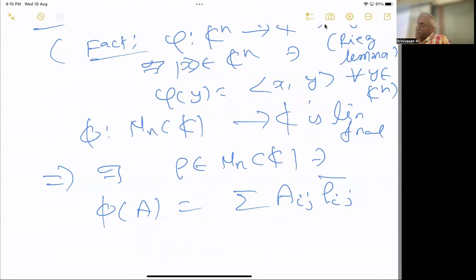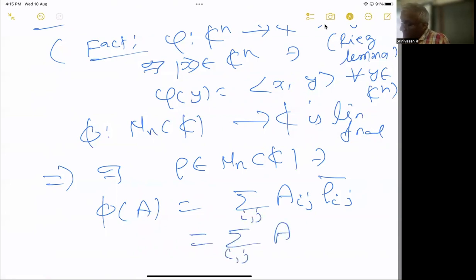So now this is equal to, if you just write it in a different form, summation over ij, which is a ij rho ij bar, which is just rho star ji.